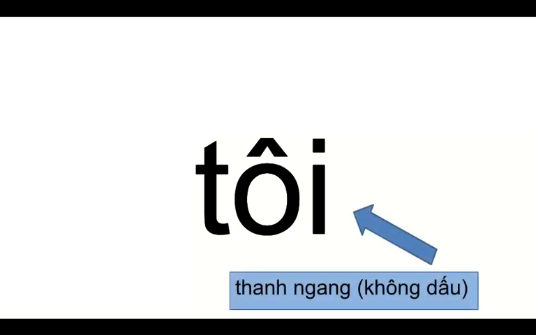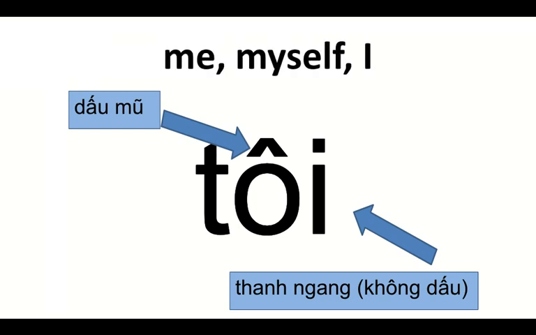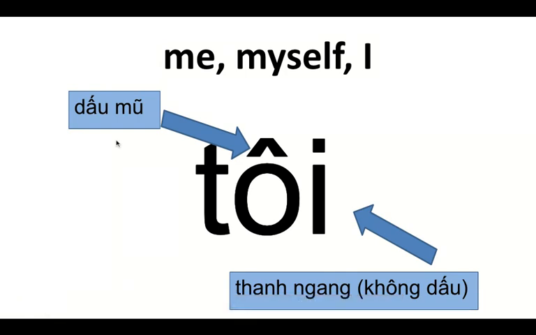Tôi. Tôi is thanh ngang, không dấu, but it does have a dấu. It has a dấu mũ. Okay, it means me, myself, and I. So how come here we say, oh, it doesn't have an accent mark, and then you're like, oh, it does have an accent mark?